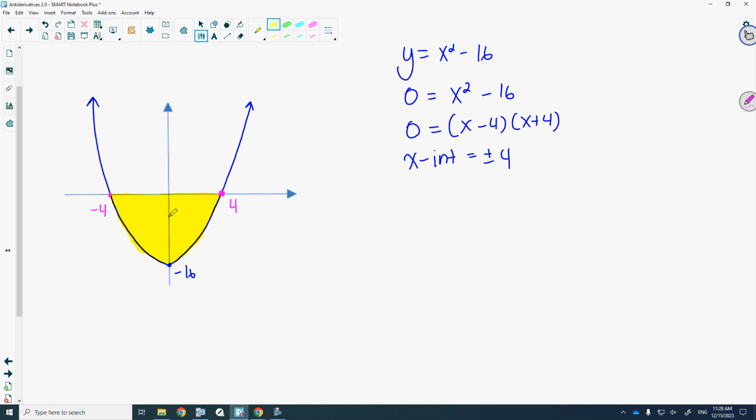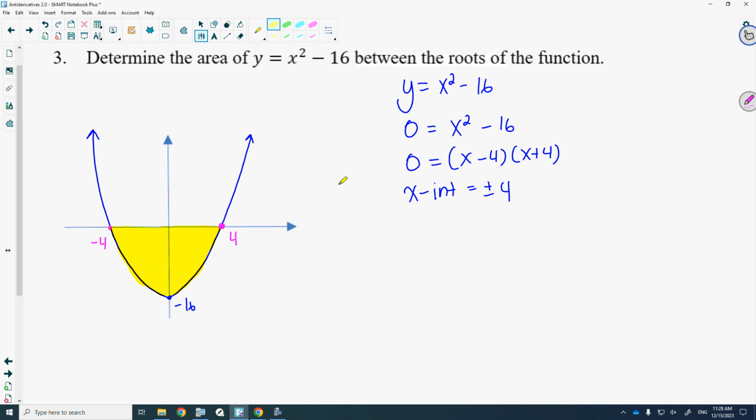So what you need to see from this is if it's just negative area, you're giving the absolute value of your answer, or you're putting a -1 in front of whatever your answer is. So if this was -15, if we put a -1 in front of our integral, we're going to get +15.